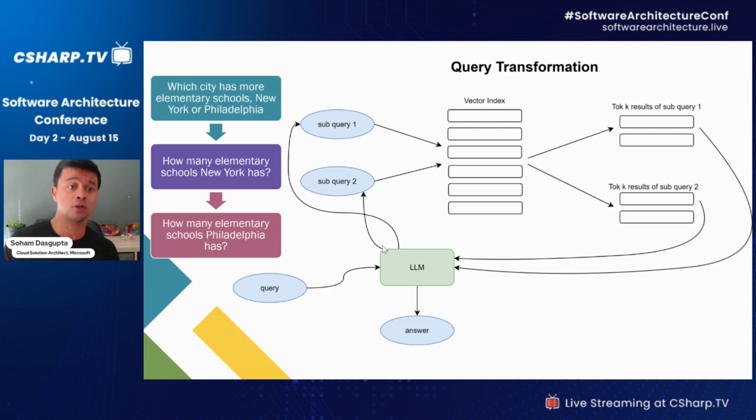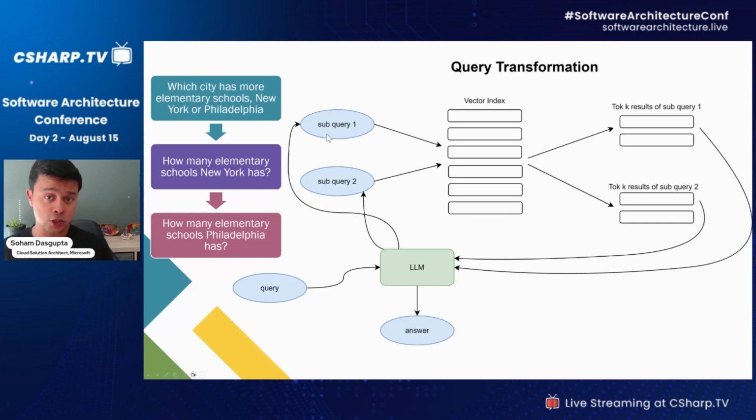But the first one I want to talk about is query transformation. What does it do? Basically, if you provide a question to the LLM or to the RAG application, it will create some sub-queries from that main question. So for example, if I'm trying to find out how many schools are there in New York and Philadelphia, it will create 2 different queries: how many elementary schools are there in New York, and how many elementary schools in Philadelphia?